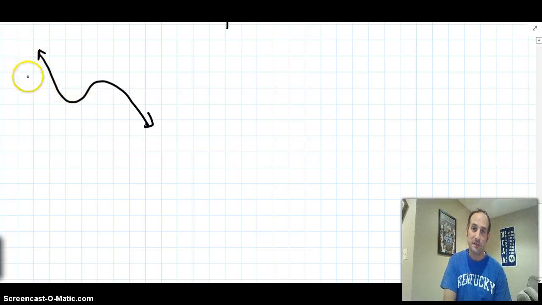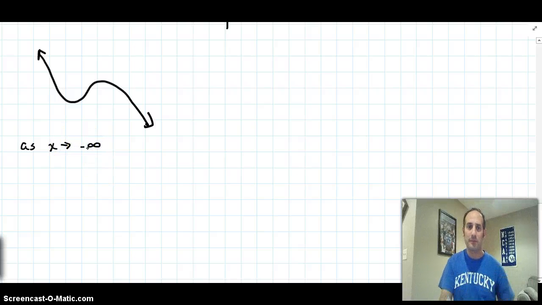So x is going towards negative infinity, but y is going towards positive infinity. The way we state this end behavior is this: as x approaches, that's what the little arrow is, negative infinity, that means we're going to the left, f of x, the height of this, is going up, so it approaches infinity. There's no limit on how high or how left that can go.